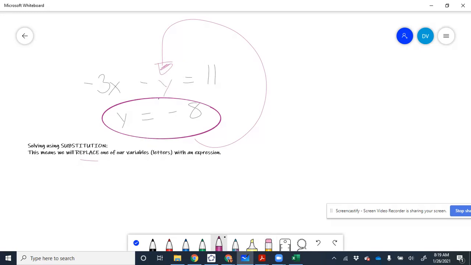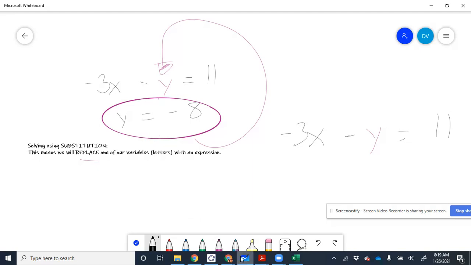So I'm going to write that problem one more time, exactly the same as I have it there: -3x minus y is equal to 11. But like I said, I'm going to replace that y.